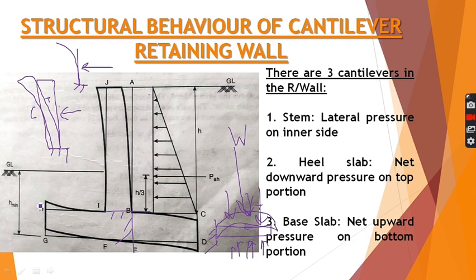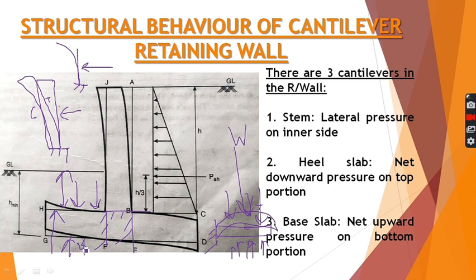Now we look at the toe slab region. In the toe slab, it is the exact opposite of the heel slab. We have the weight of backfill from above and the soil pressure from below. As I have repeated many times, this depth is quite less, hence the value of this backfill will also be less. So the net force will be upward.